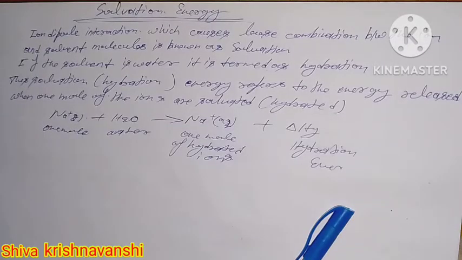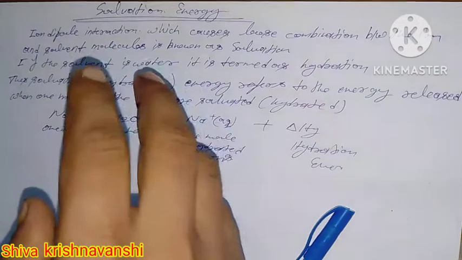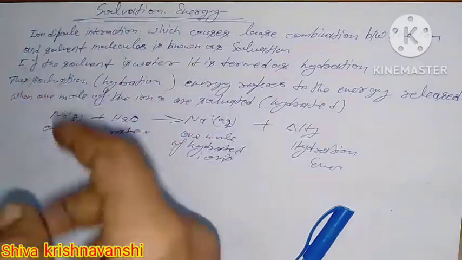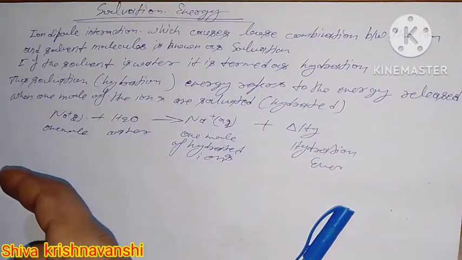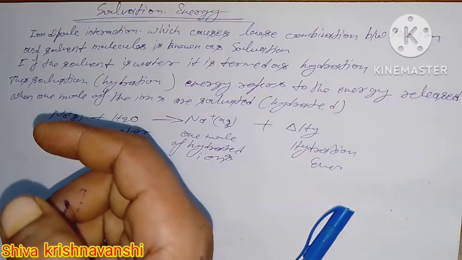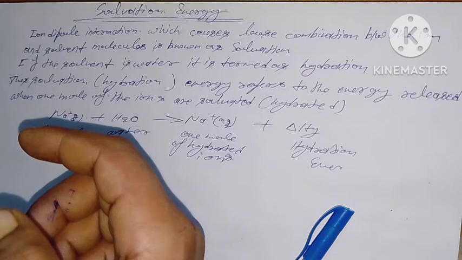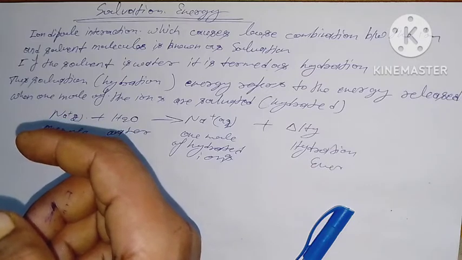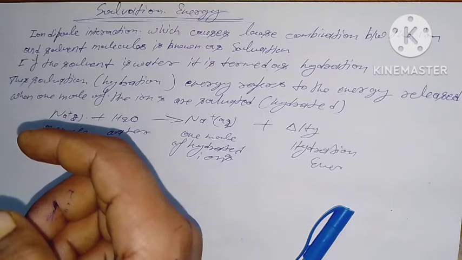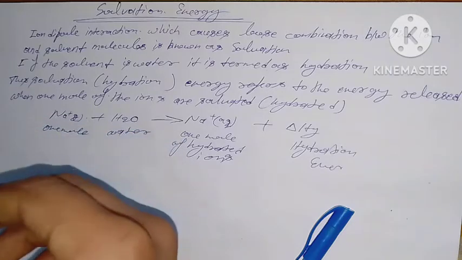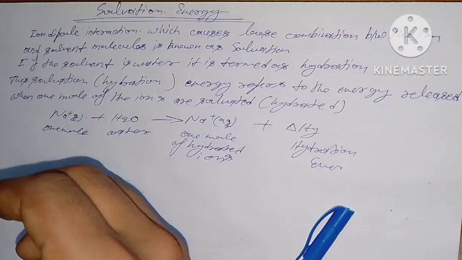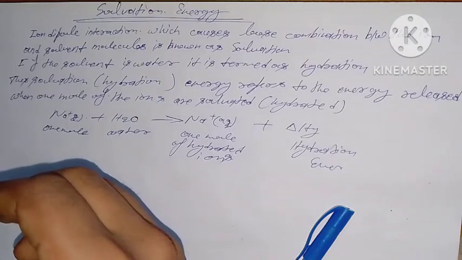Solvation energy. It is found that different ionic compounds, electrolytes, tend to dissolve to different extents in a solvent. When we add an ionic solid to a solvent, the cations and anions present in this ionic solid are respectively surrounded by the negative and positive ends of the solvent molecules.